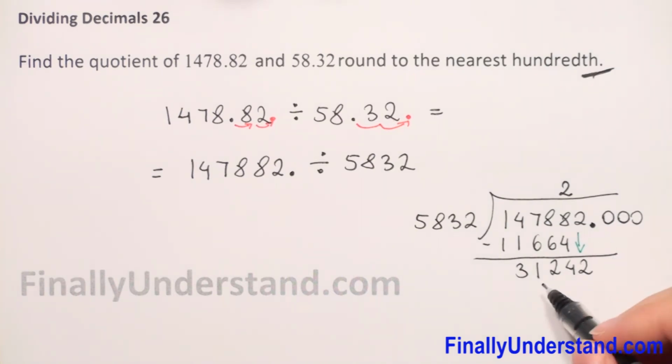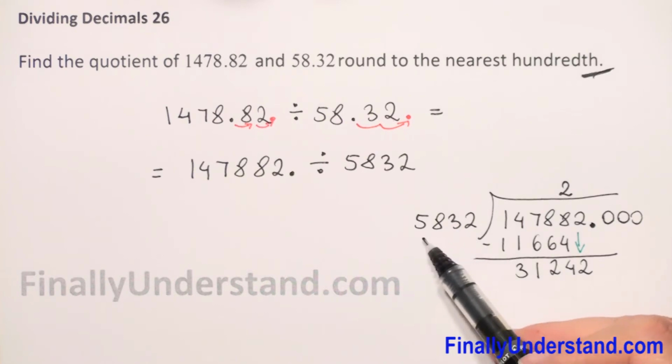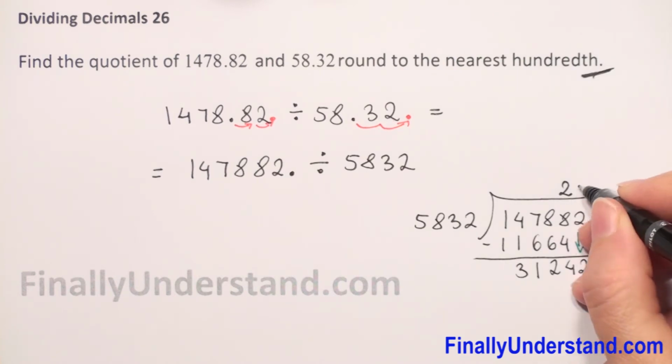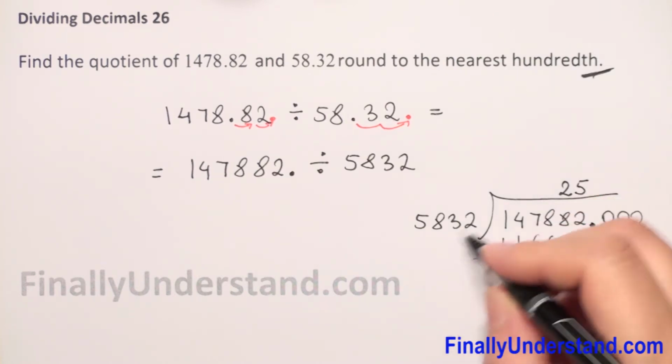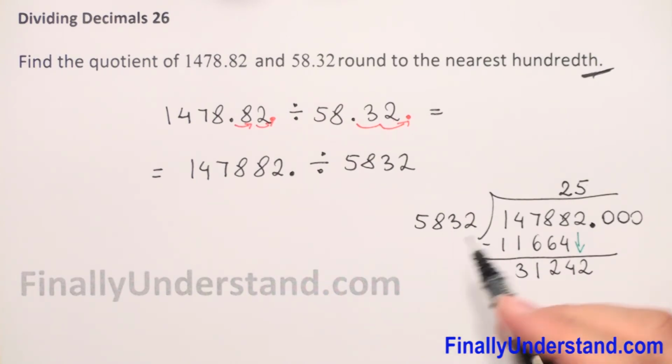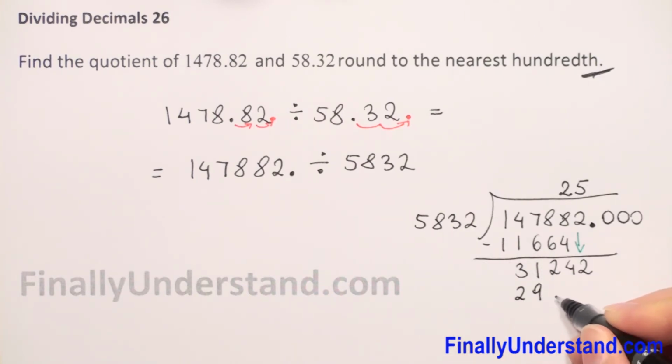And now, how many times does 5832 go into 31,242? 5 times. 5 times 5832 will be 29160. Again, subtraction.